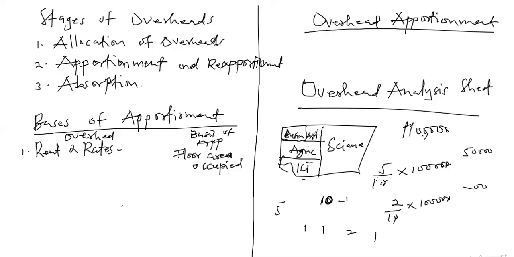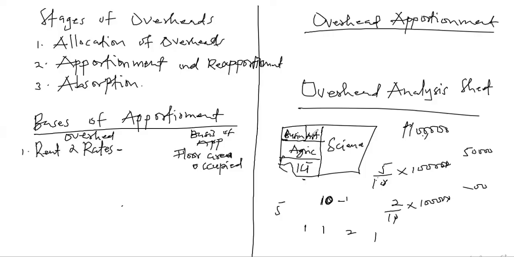In most questions, some of the questions will tell you to use the floor area occupied as the basis. Depending on the question, sometimes it will give you the basis for apportionment.